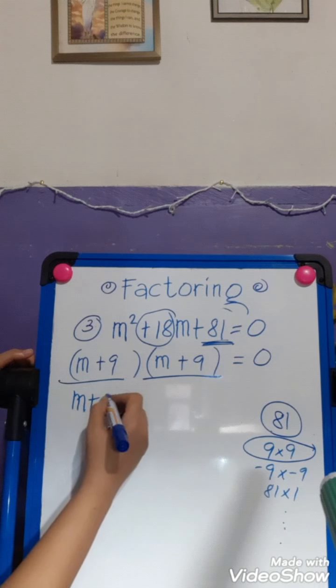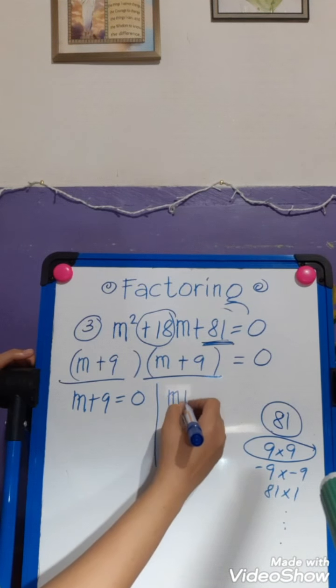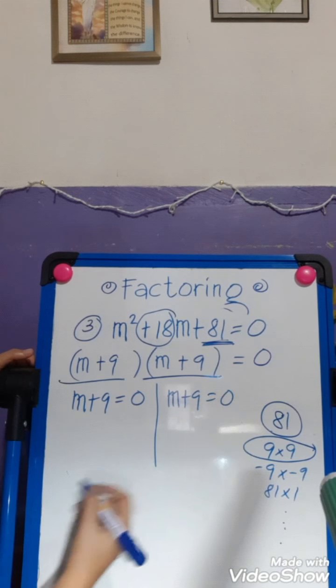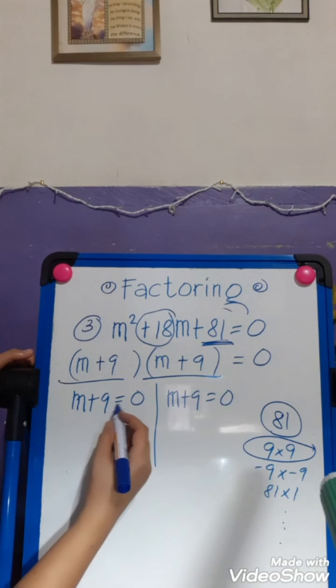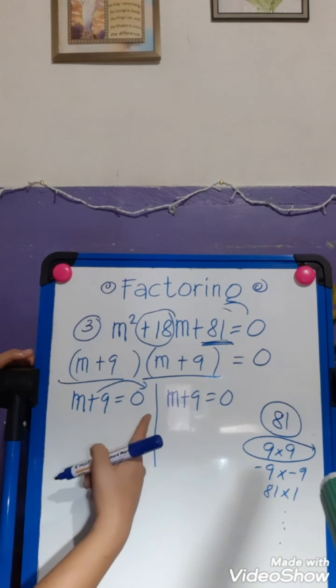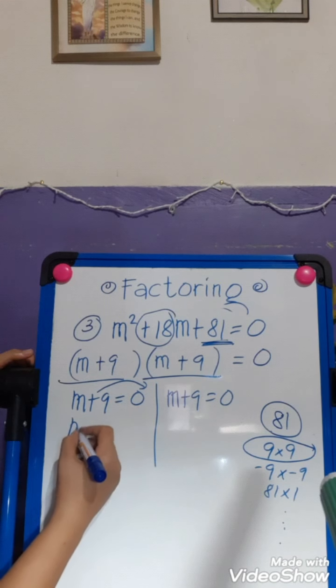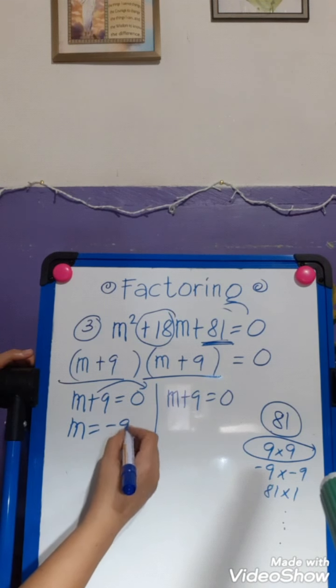So m plus 9 equals 0 and another m plus 9 equals 0. So kani atong i-balance sa pikas, positive 9 will become negative 9. Wala na bili ang 0, so we have m equals negative 9.